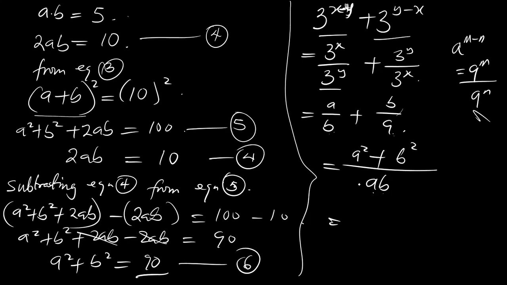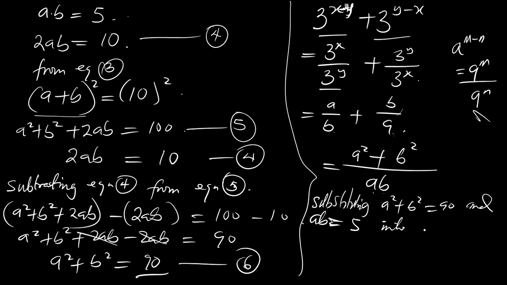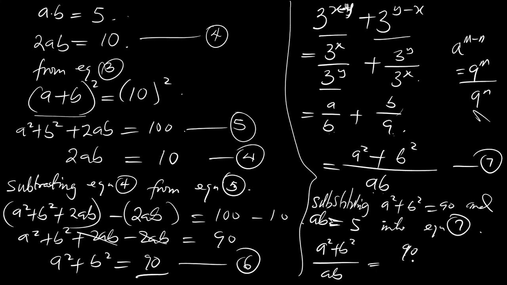Now let's substitute those expressions, a squared plus b squared equal to 90 and ab equal to 5, into equation 7. So now you have a squared plus b squared all over ab equal to 90 divided by 5. So this will give us 18. So that is the final answer.